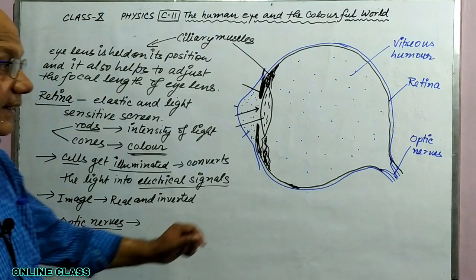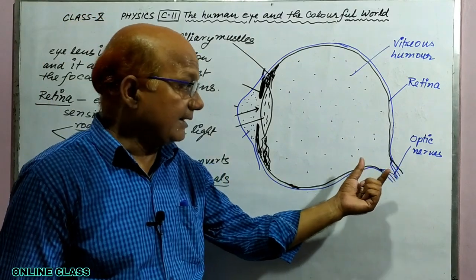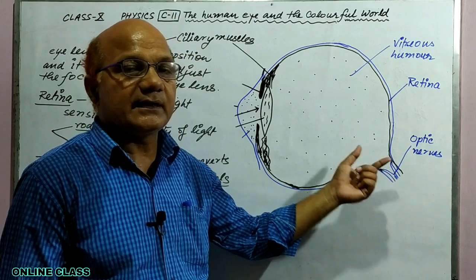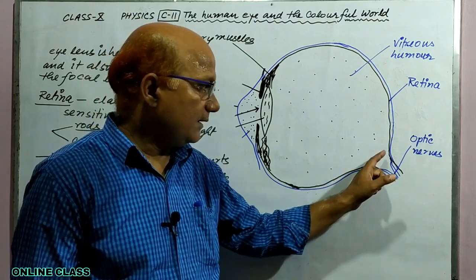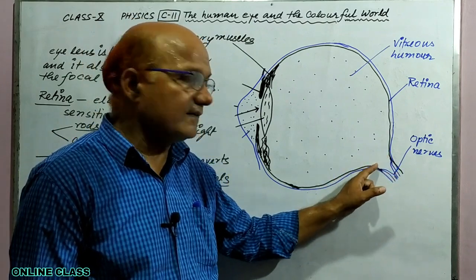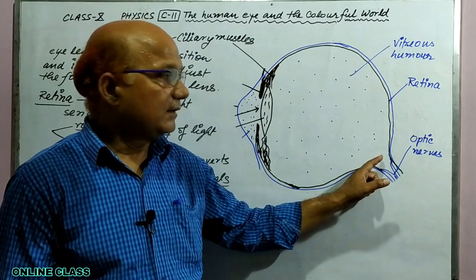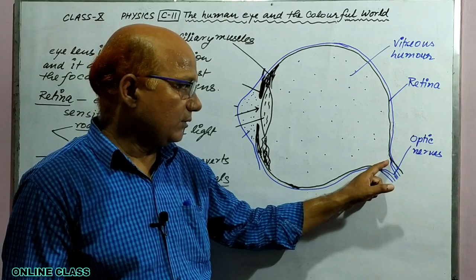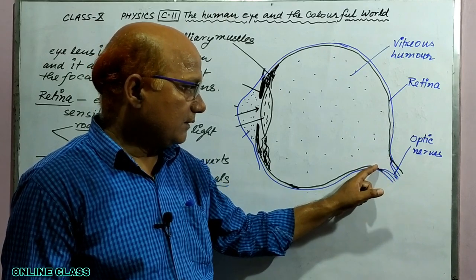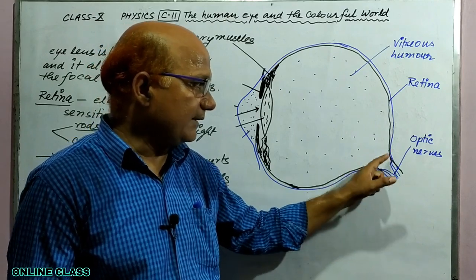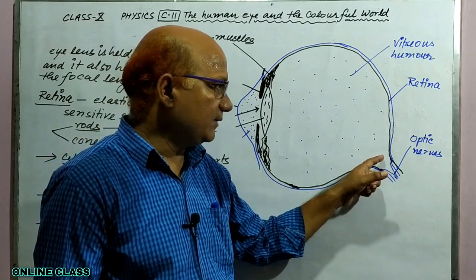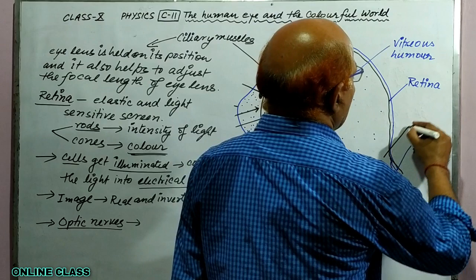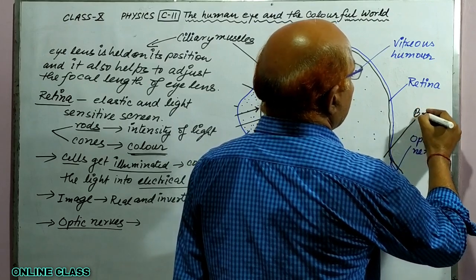Actually, there is a part in our eye on the retina from where optic nerves arise. In this part, no image is formed because light sensitive cells are not present here. So, from this part optic nerves arise, and actually this part is called blind spot.